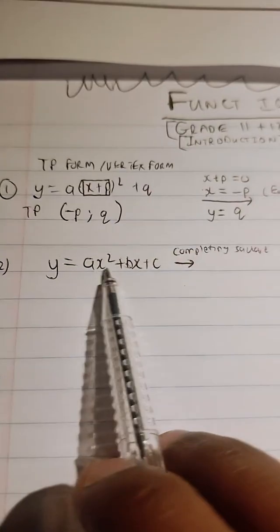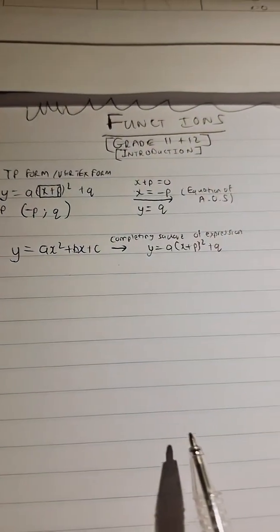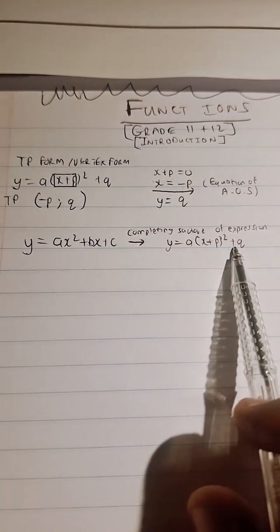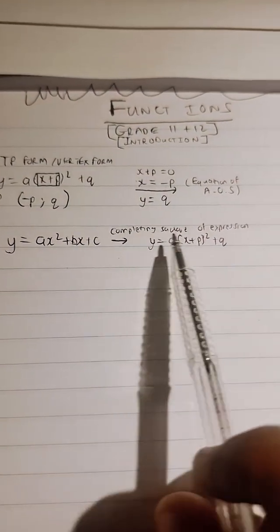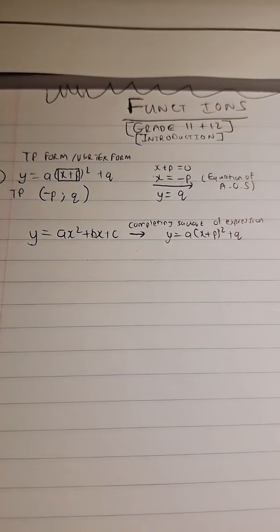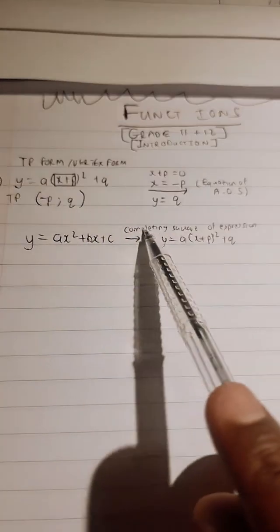And I can convert this form to this form. And guys, you are 100% correct. You can, because that would be a way to get the coordinates of the turning point. When you convert this form to this form, then you can read the coordinates of the turning point. But this is a long way.